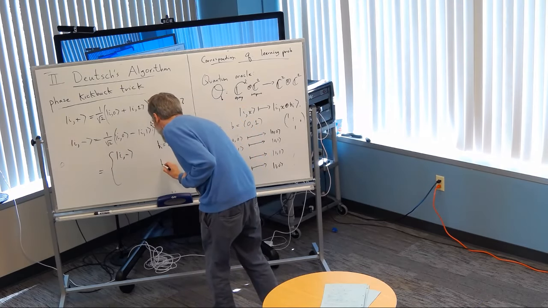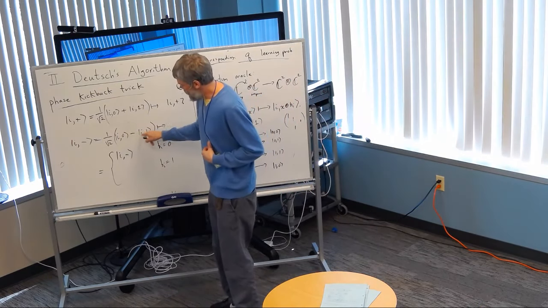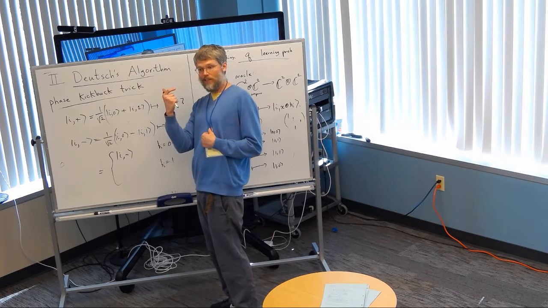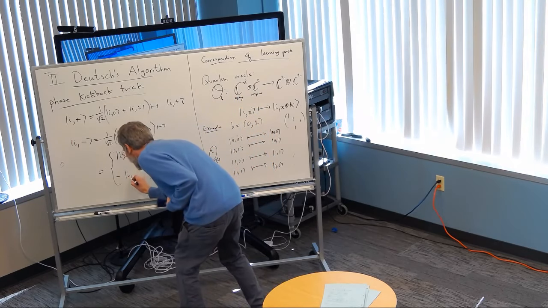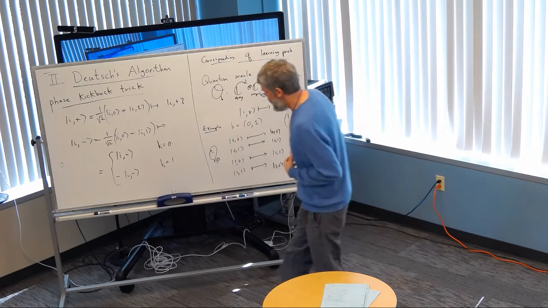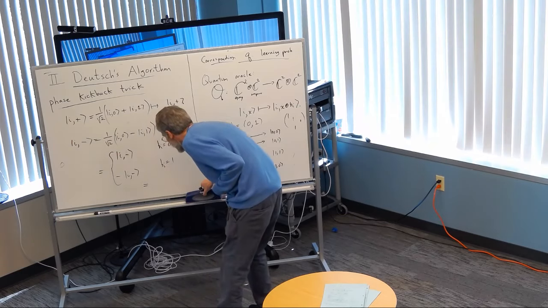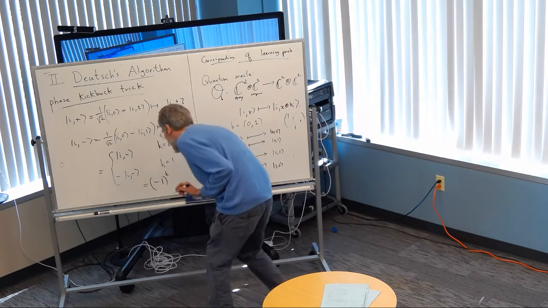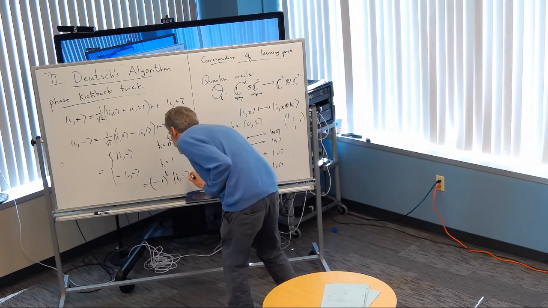And if b sub I is 1, what happens then? Well, then these guys switch places, but when they switch places, you pick up a minus sign. So this goes to minus I minus. So what you essentially get here is minus 1 to the b sub I times I minus.